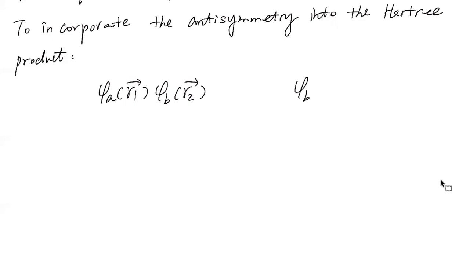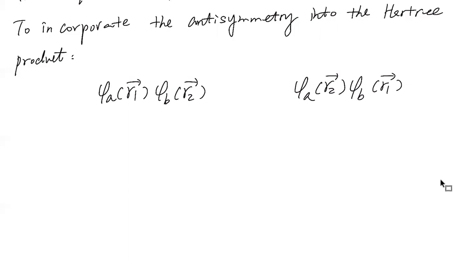You let electron 2 in orbital A, electron 1 in orbital B, right?